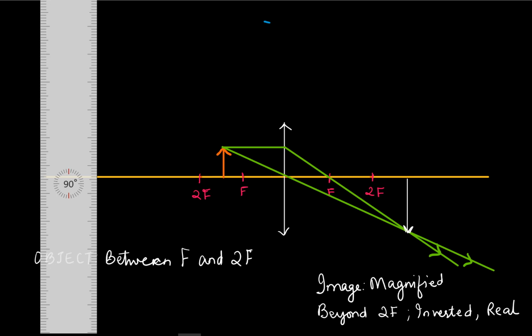So now we take another position of the object, and this time the object will be positioned at 2F. So once again I draw my principal axis, and after that I mark the positions of the lens and my F and 2F.